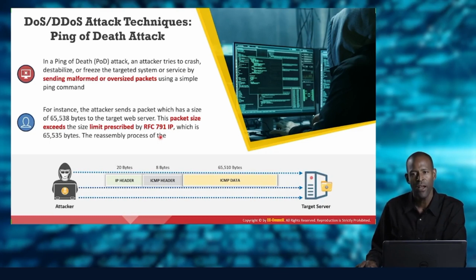Very good reading. RFCs can be a little bit boring, but they can be extremely informative. So that defines those limits. Normally, back in the old days, once you sent that malformed packet to a server, it just crashed hard. But these days, they're protected against it for the most part.